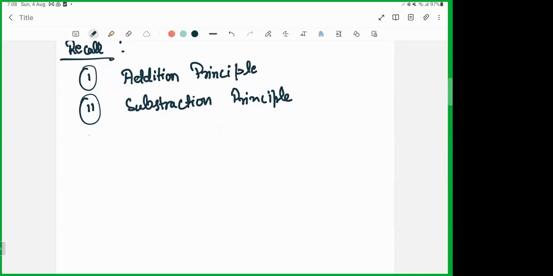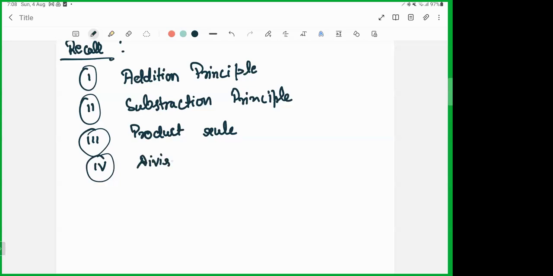Then there is the fundamental counting principle, which is also called product rule, which says that if the next decision is independent of the previous one, then the total choices is the product of the choices for each decision. So this is the product rule. Fourth one is division principle.